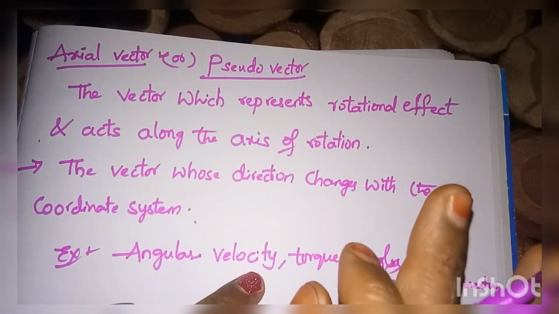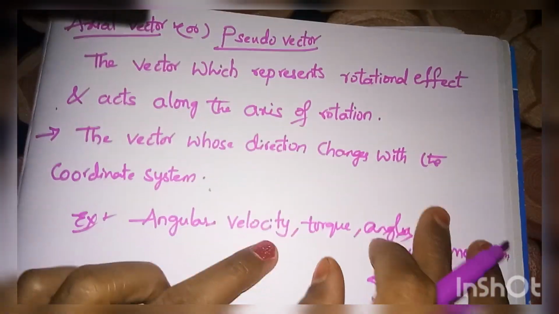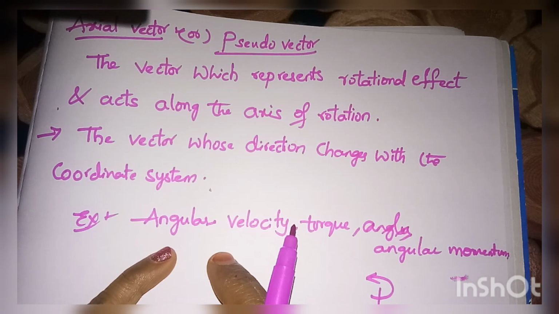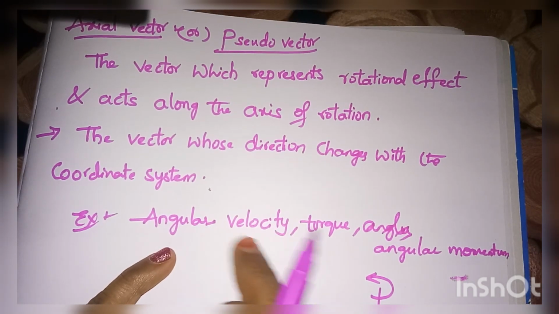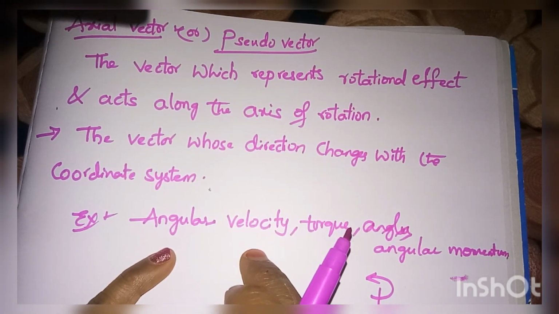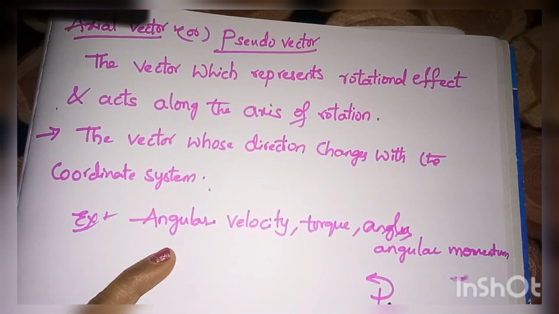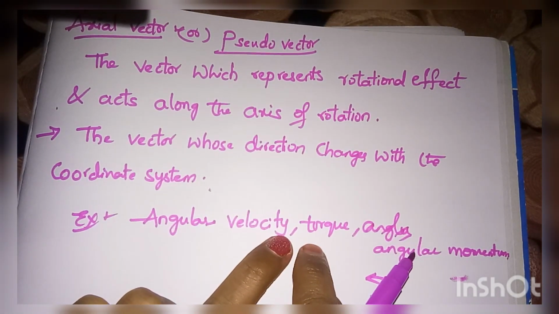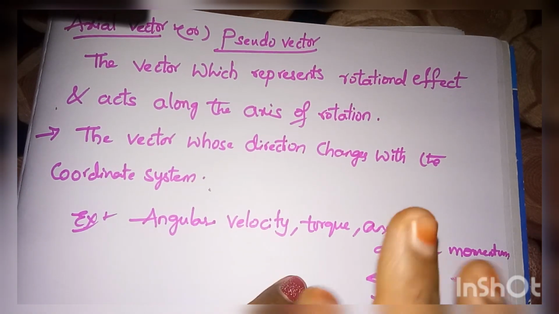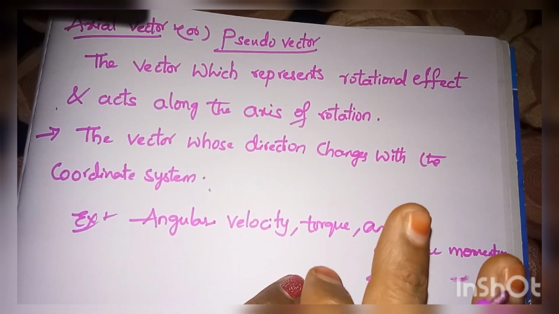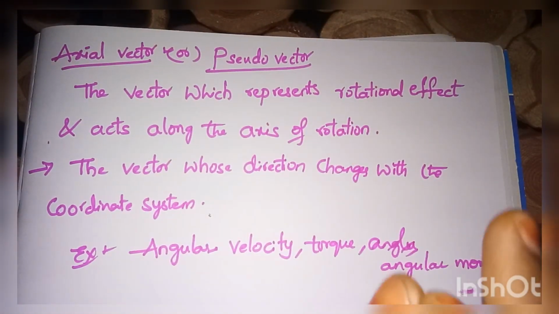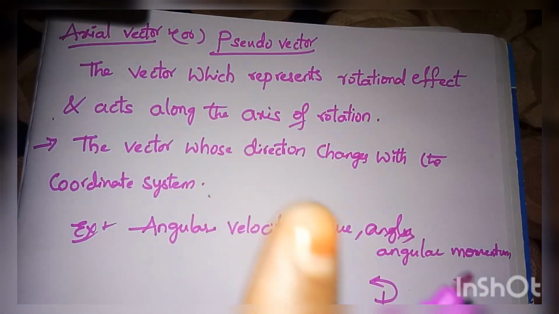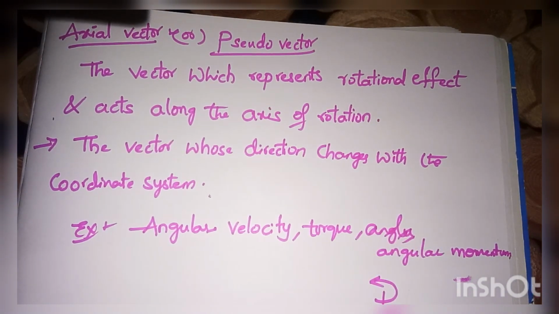Examples are angular velocity, which represents rotational effect, and torque, which we will discuss in future classes. Any rotational effect of an object represents an axial vector or pseudo vector. The top is the best example of an axial vector.